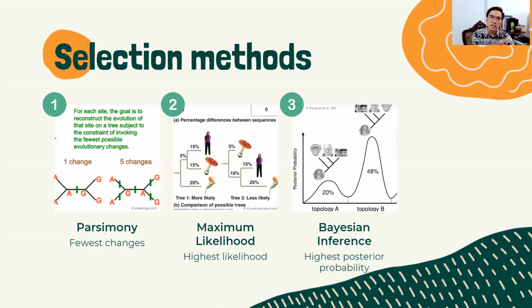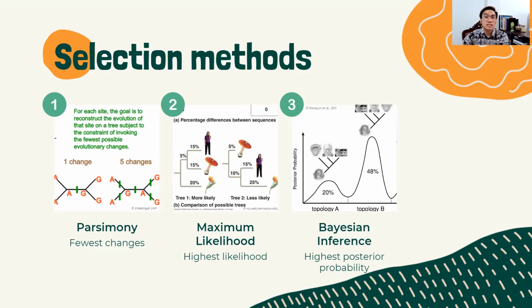The differences in the probability of state changes may depend on the part of the body, the organ of the plant where the character can be found, etc. So when you use maximum likelihood as a selection method, you select the tree that has the highest likelihood score among a set of trees with their own likelihood scores. Then that one tree best represents the evolutionary relationships between the OTUs.